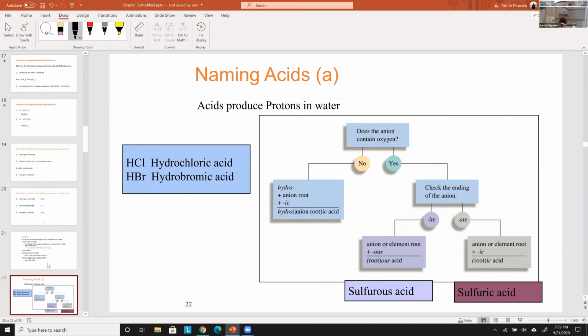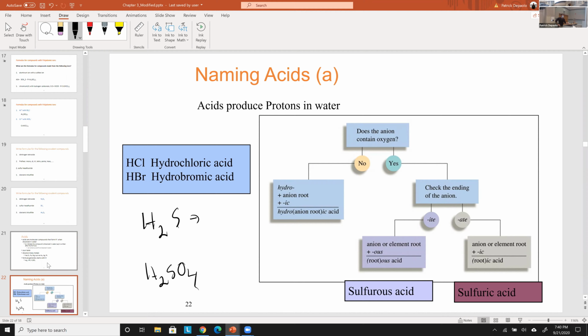Okay. So if you have H2S versus H2SO4. In this case, H2S, the anion does not contain oxygen, it's just sulfur, right?